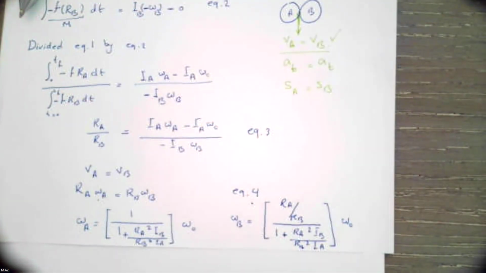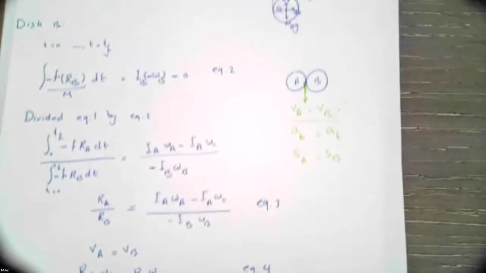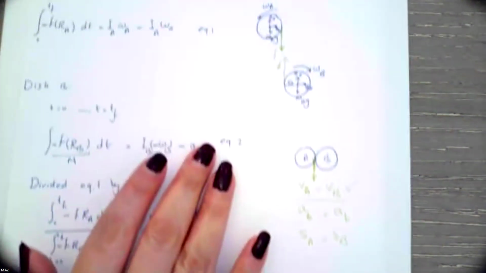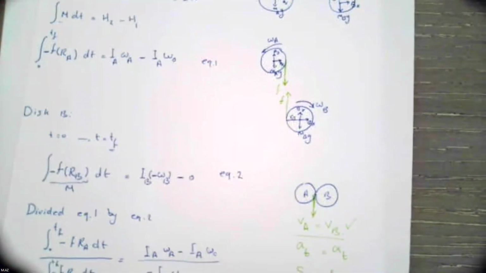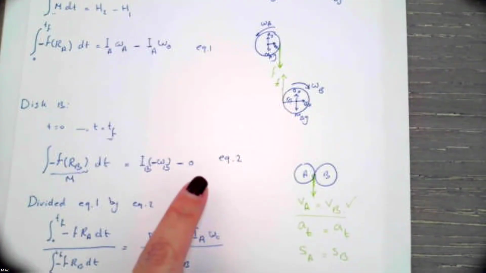As you can see, this problem is a parametric problem. But the important part is how we write these equations, meaning equation 1 and equation 2.